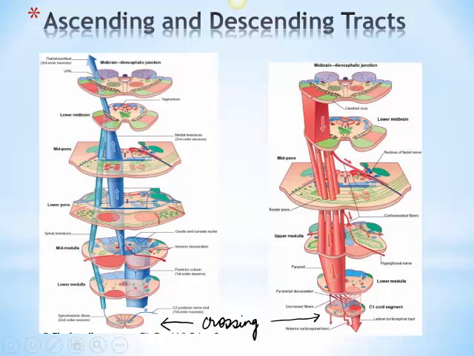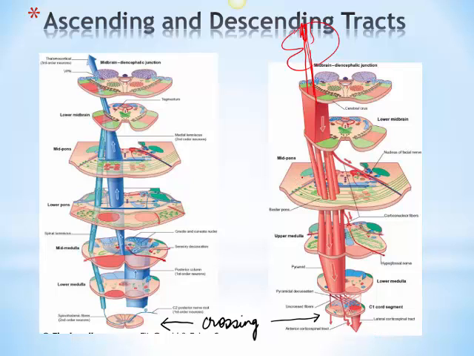Here, if you look at motor fibers, these are descending. This side is descending. So they come from the cerebral cortex, which is not shown here. So let's say they come from one precentral gyrus and travel all the way down. So they're traveling on one side. They come down, and look at the crossing. The crossing occurs in the medulla. And so from the right cortex, they go to the opposite side, so they control movements of the body on the left side.